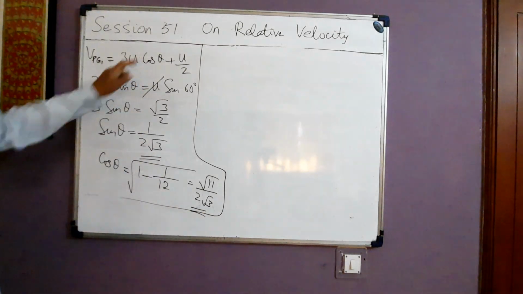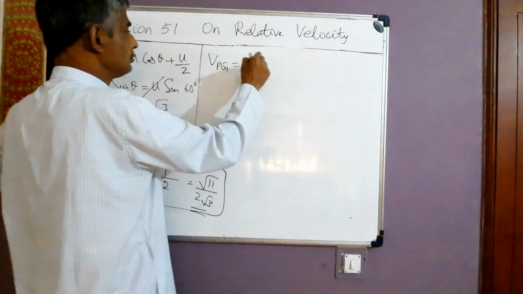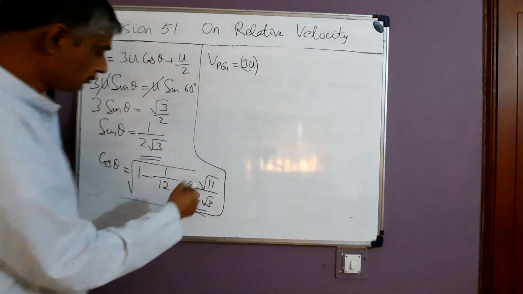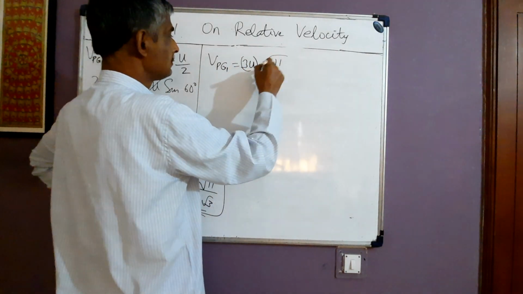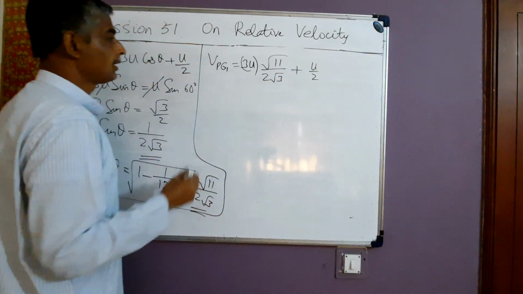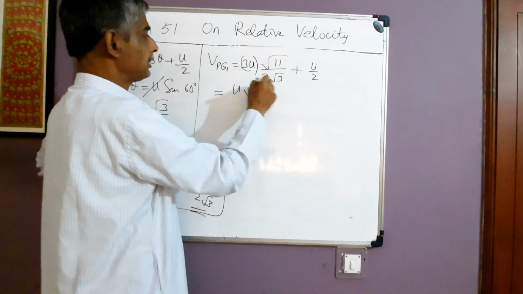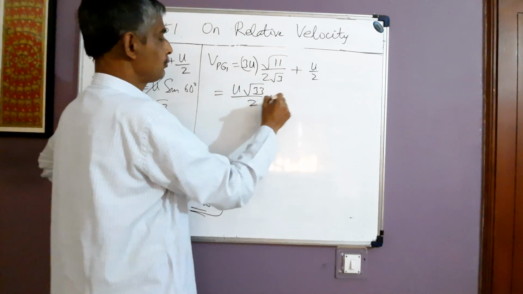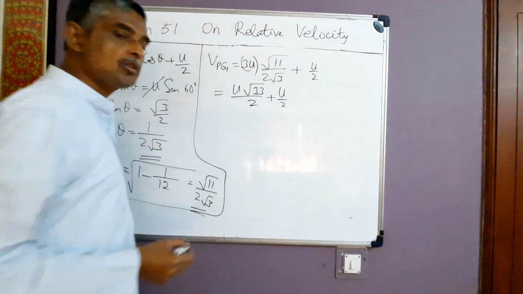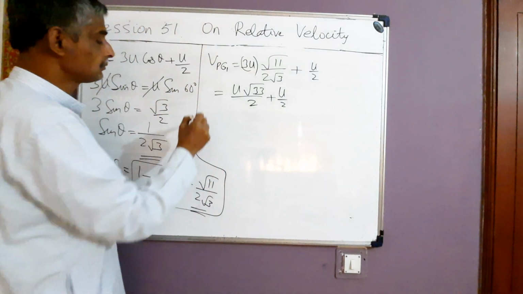So I substitute cos theta in this equation. Vpg1 becomes 3u times root 11 by 2 root 3, plus u by 2. The root 3 cancels, so it is u root 33 by 2 plus u by 2. This is Vpg1. Now substitute the value of Vpg1 in the expression for T1.